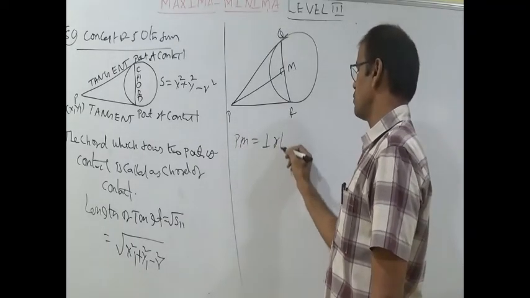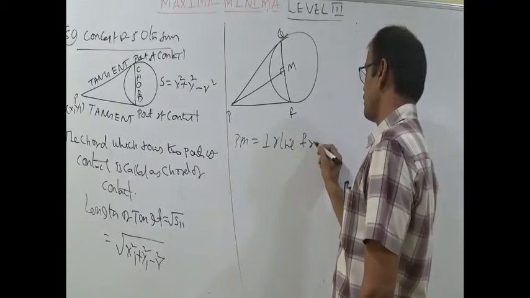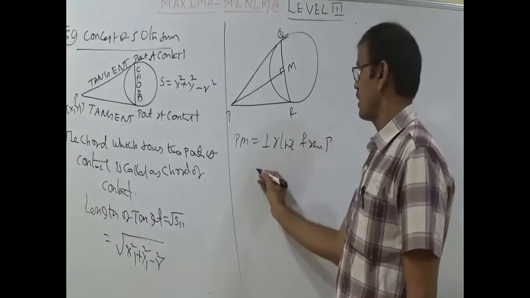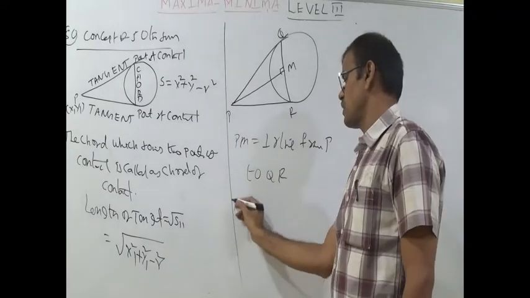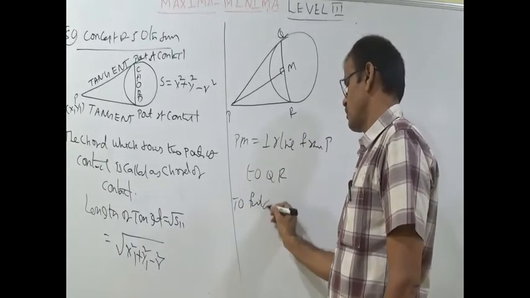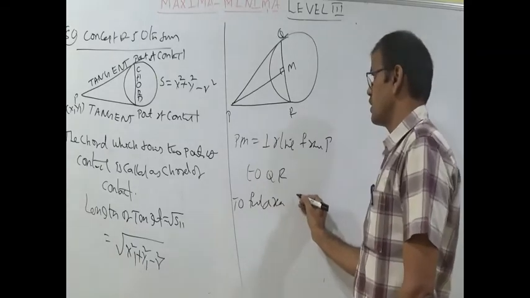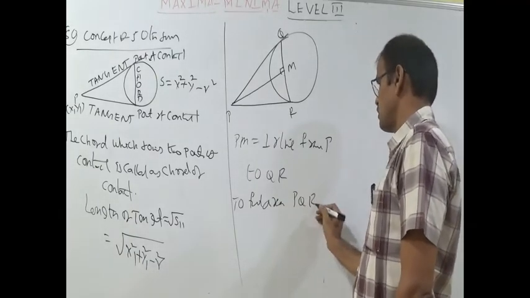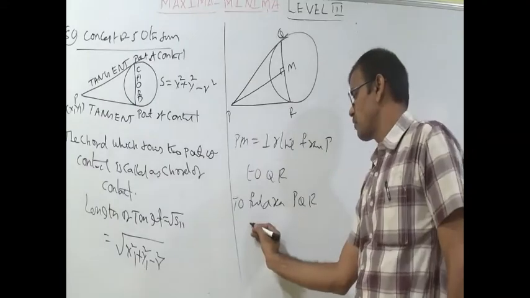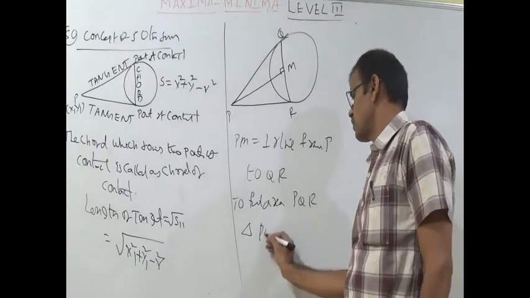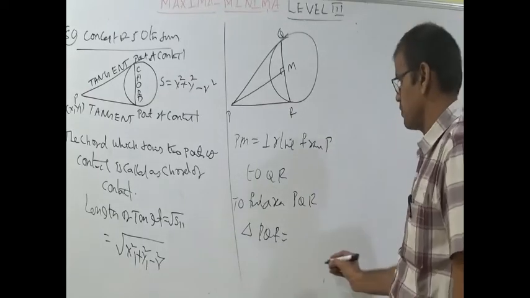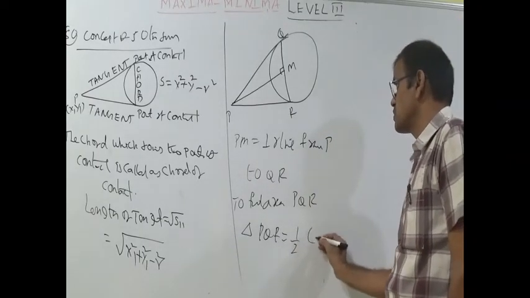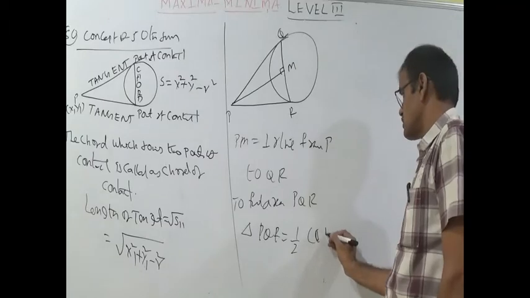PM equal to perpendicular line from P to QR. To find the area of PQR, that is delta PQR, here I am writing. Delta PQR is equal to half into base into height. Half into this is QR.